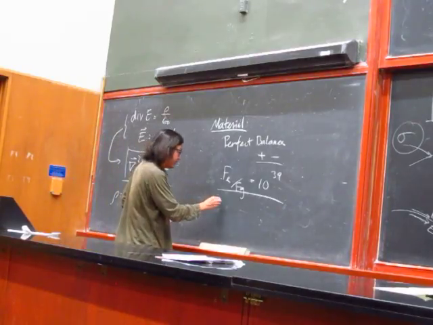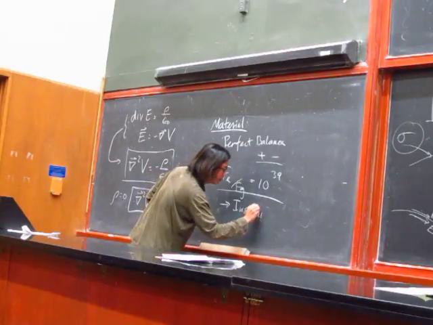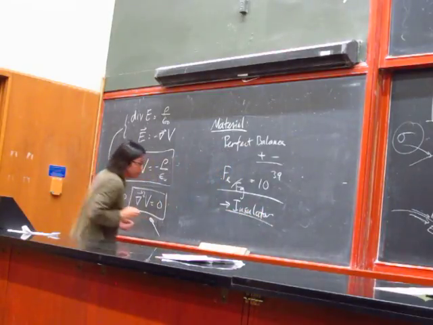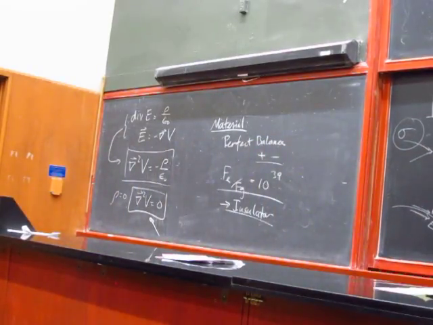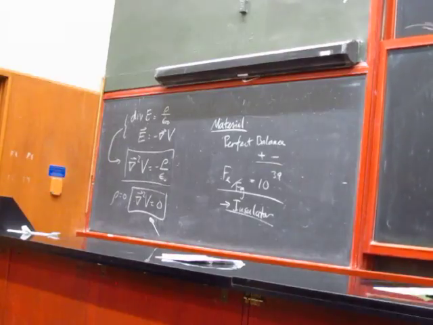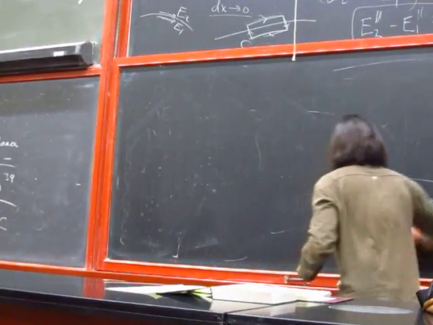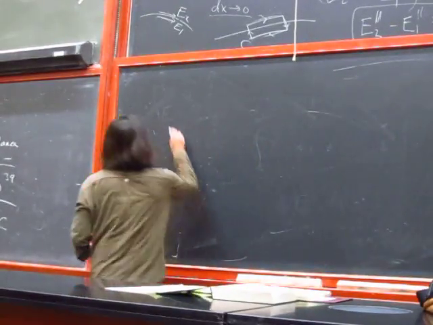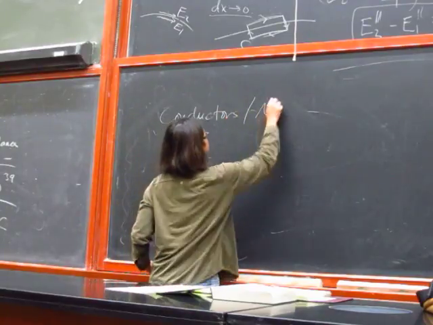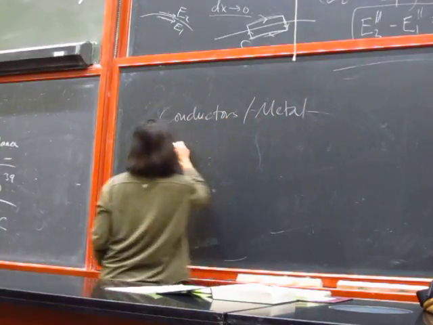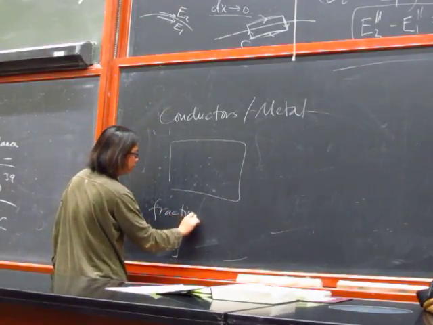So what you have then is an insulator. Another possibility is a conductor, say a metal, for example. A fraction of the charge is free to move.